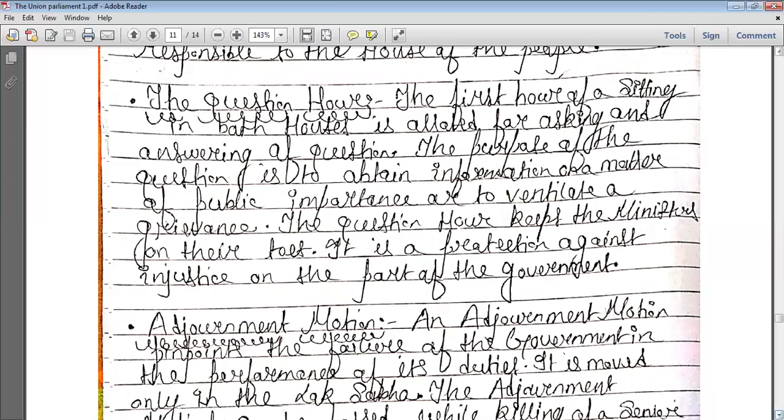So in the question hour, we can see that there is the first hour. Whenever we take classes in school, we can see that the teacher first allots 1 hour for solving your questions. Thus, in the parliament also, the first hour of sitting is allotted for asking and answering of questions.